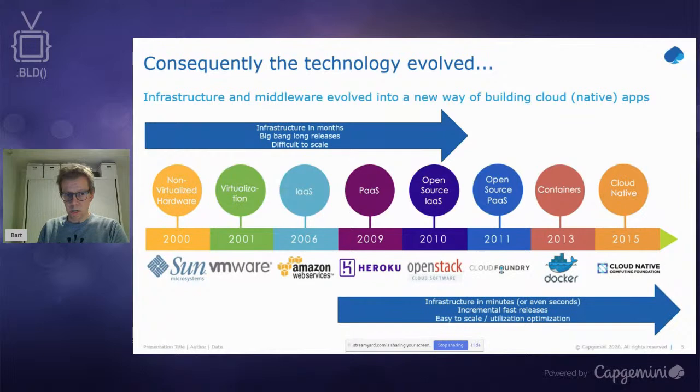Back in the days when I started, it was normal that you had to wait a couple of months before your server arrived. But thanks to virtualization in the early 2000s, and of course the first infrastructure as a service solutions, all the way down to cloud native, where we are right now, this has changed dramatically.